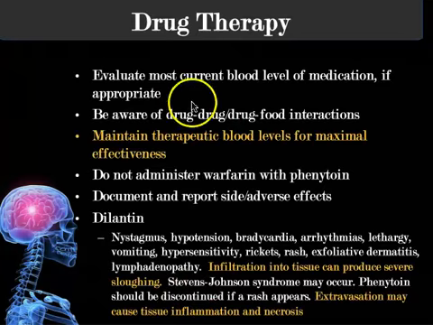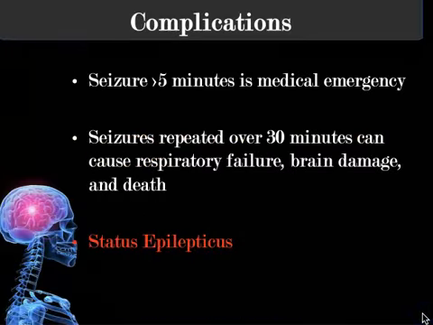Certainly some drug therapies we've already evaluated and thought about in terms of interactions with warfarin and phenytoin you have to be aware of. And Dilantin in itself causes some pretty significant complications and profound drug interactions and problems.